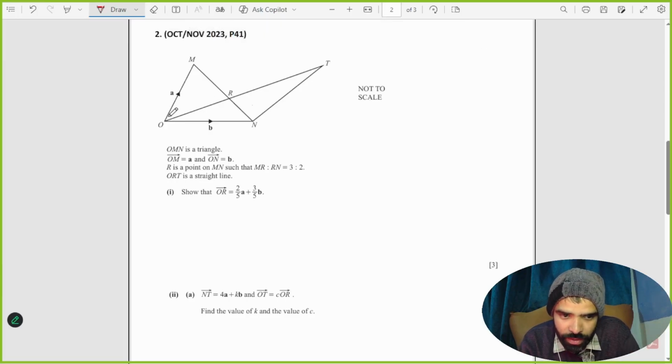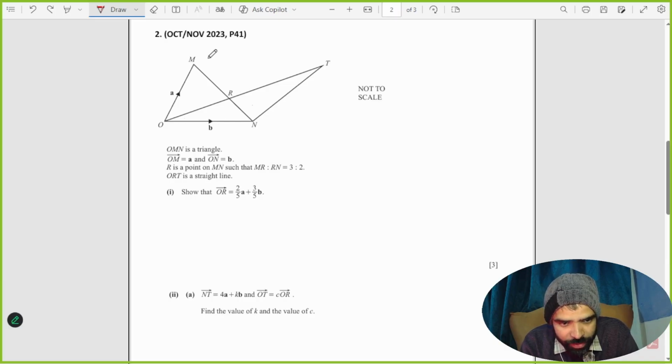So OM is given, ON is given as well. What do we have to find? Or what we can do is we can find NM, right?